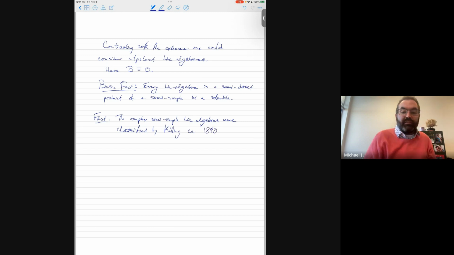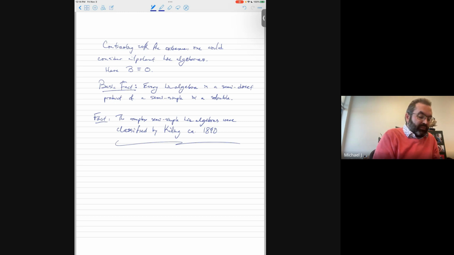That's modulo mistakes or issues in the proof. The proofs were apparently corrected by Cartan, who later classified real semi-simple objects also. Okay, so that's the algebraic motivation for thinking about semi-simple Lie algebras.